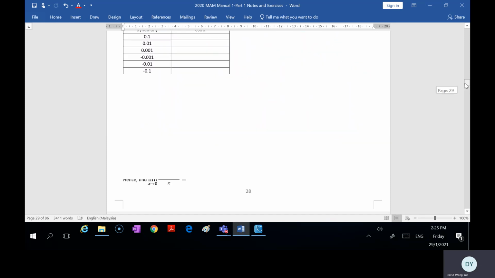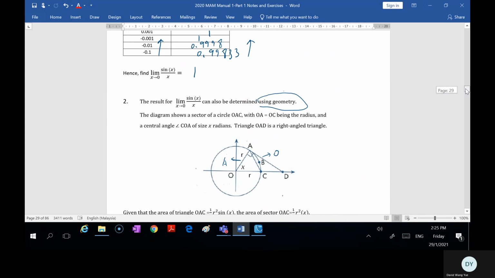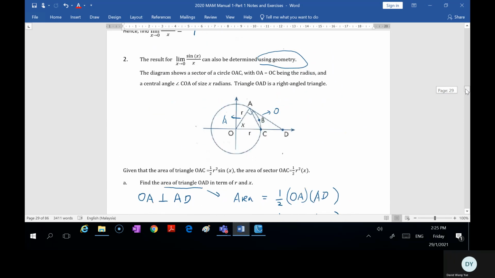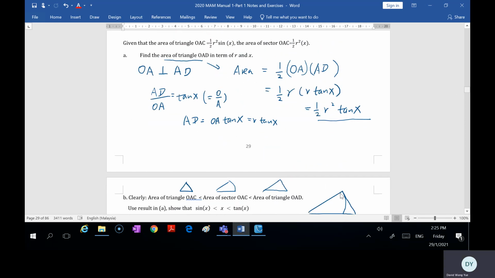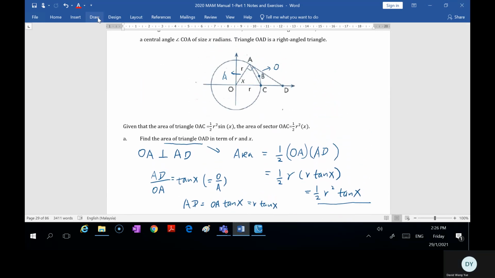OAC is this part, smaller than the sector. The sector is getting bigger, and then smaller than the area of triangle OAD, which is even bigger.